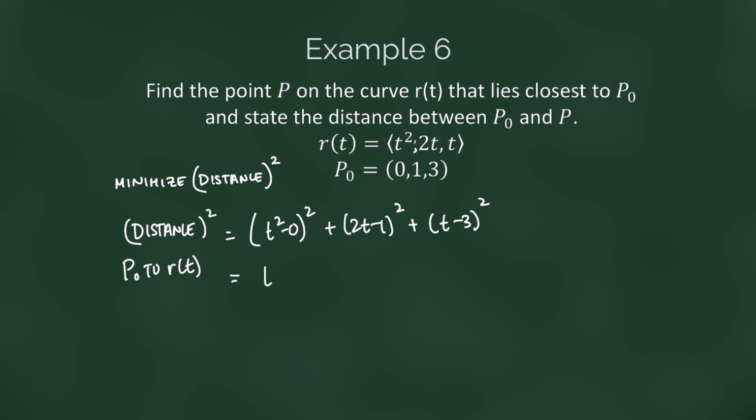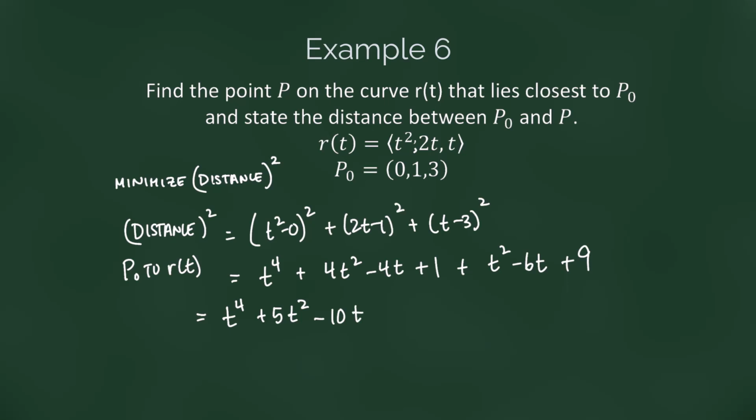And so if we expand this out, we get t to the 4th plus 4t squared minus 4t plus 1 plus t squared minus 6t plus 9, using FOIL on the second two terms as appropriate. And we can tidy this up a little bit. We have t to the 4th, and then we have 5t squared minus 10t plus 10.